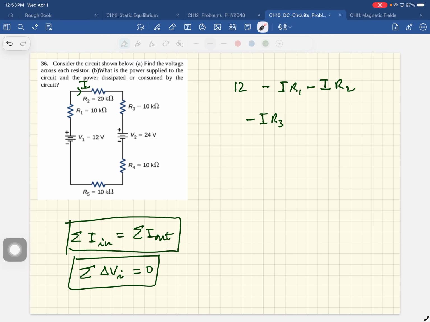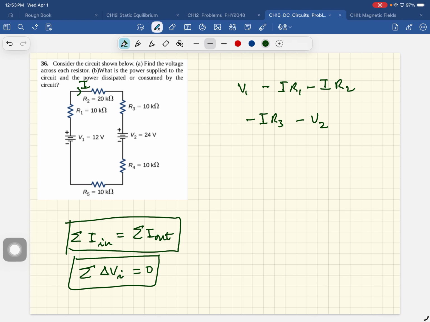You're going from a high voltage to low voltage, so it'll be minus 24. Actually, I'm going to do the following. I want to illustrate something, so I'm going to change it. I'll write this as plus V1, and this says minus V2.